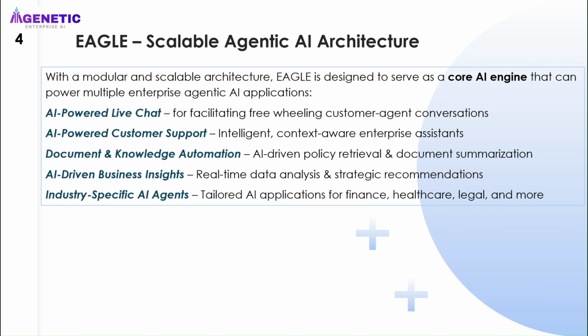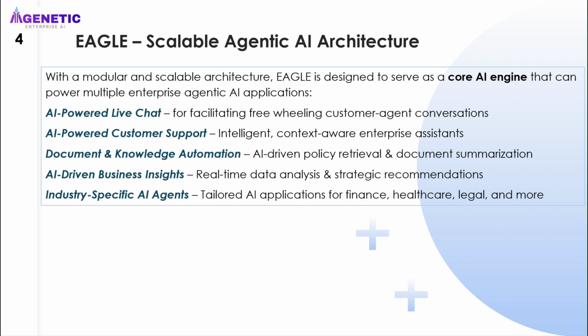Now, to be useful to an enterprise, Eagle needed to be a scalable agentic AI architecture. It has a modular and scalable architecture. Eagle is designed to serve as a core AI engine that can power multiple enterprise agentic AI applications, or for that sake, any AI agentic application. Some of the examples are AI-powered live chat.